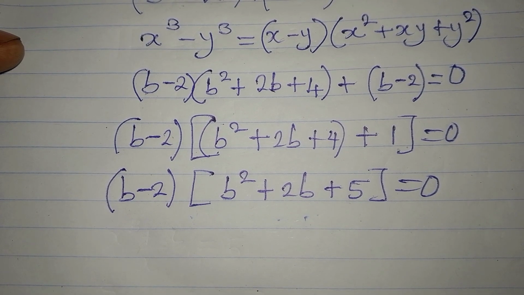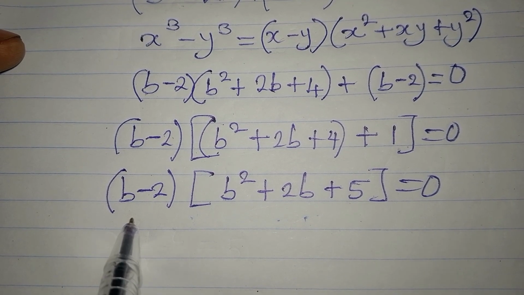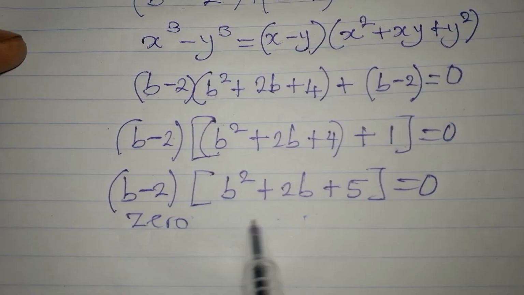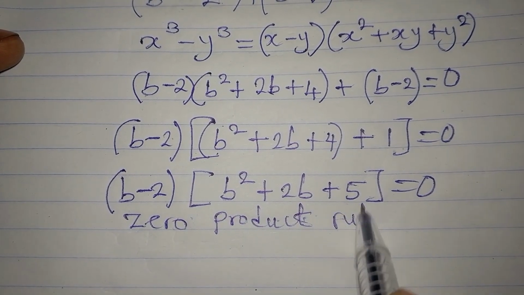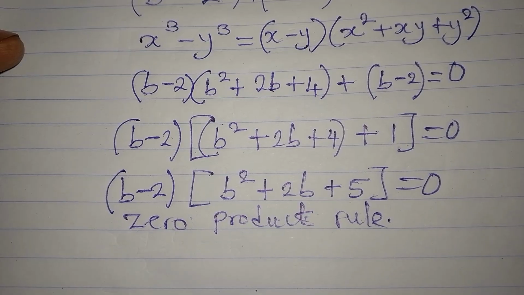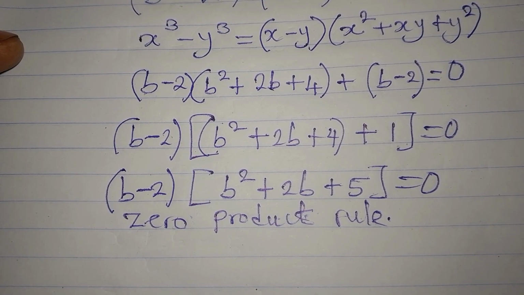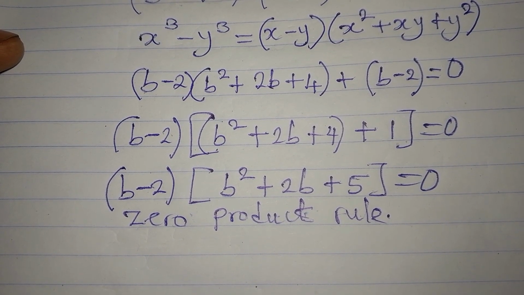So simple, because we can now apply what we call the zero product rule. Every time you multiply two terms to get 0, one of them has to be equal to 0.